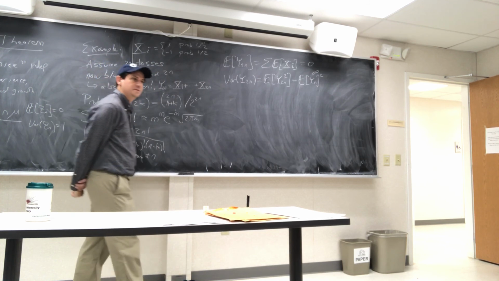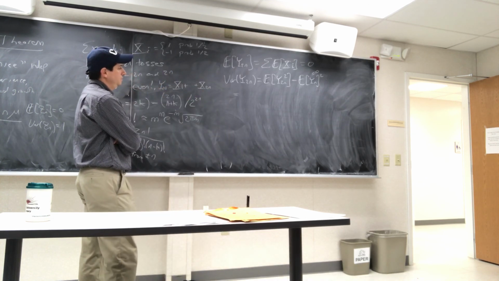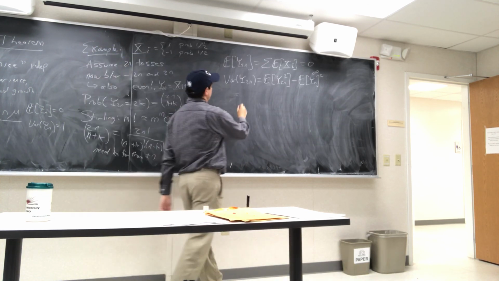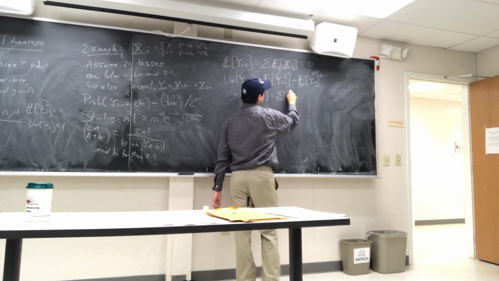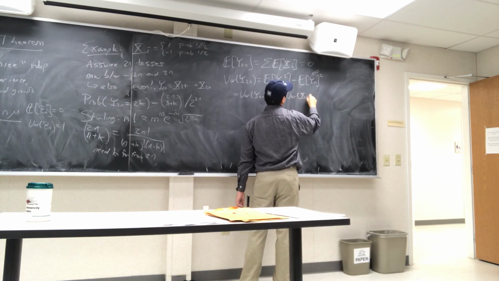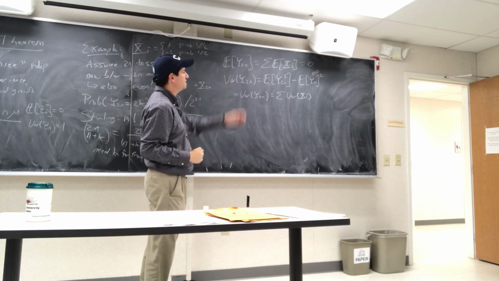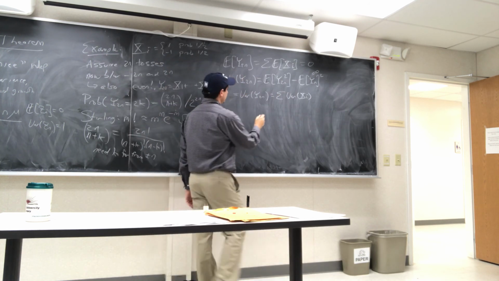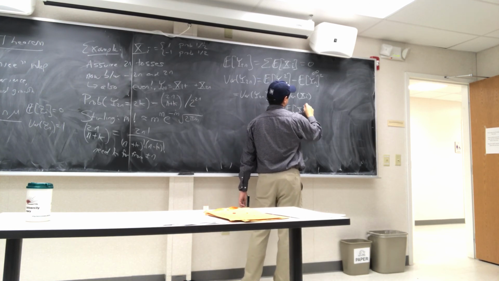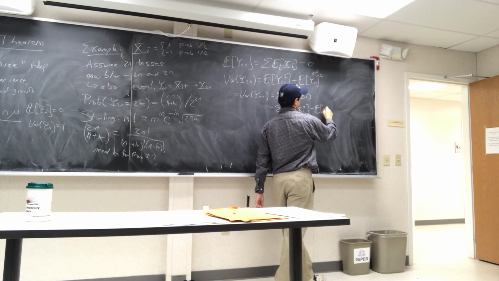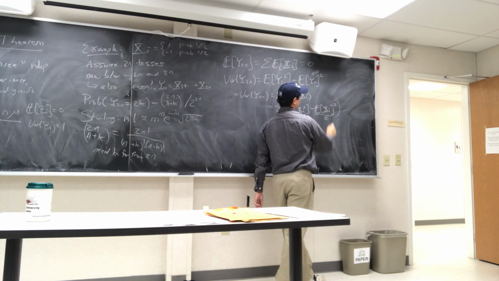Because the X_i's are independent, we know the variance of Y_2n is the sum of the variances of the X_i's. And because each of the X_i's has expected value 0, each of these is just the expected value of X_i squared, and the subtracted term is 0.